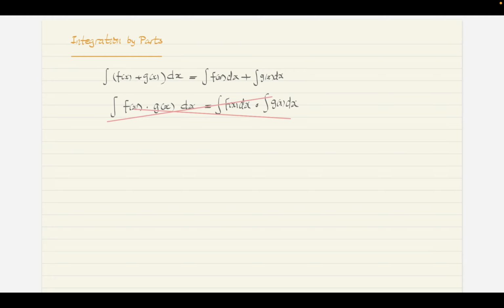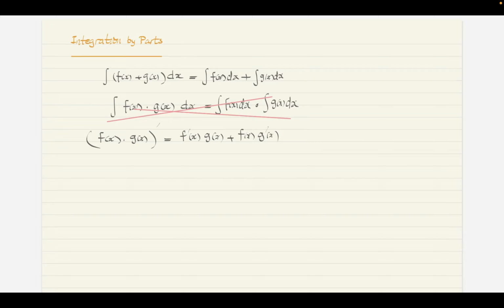So I start with the derivative of the product f(x) g(x). We learned that this becomes the derivative of the first one multiplied by the second one plus the first one multiplied by the derivative of the second one.